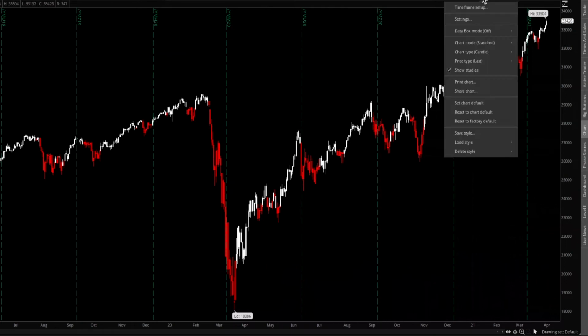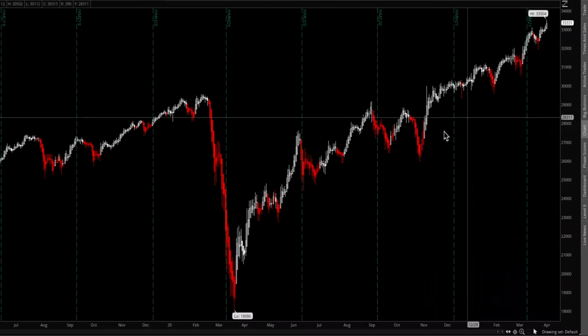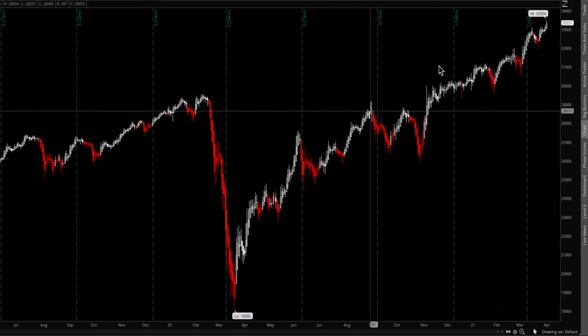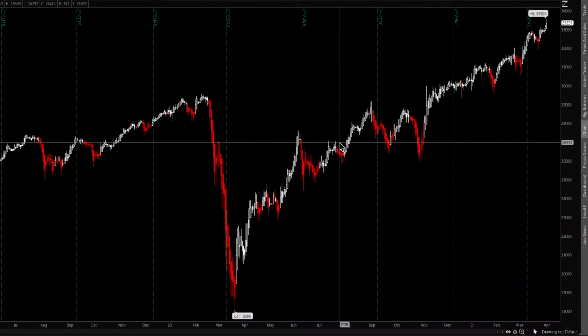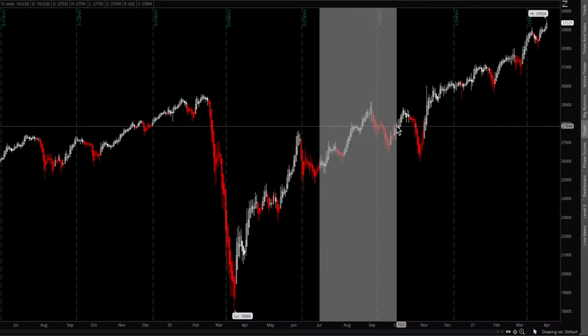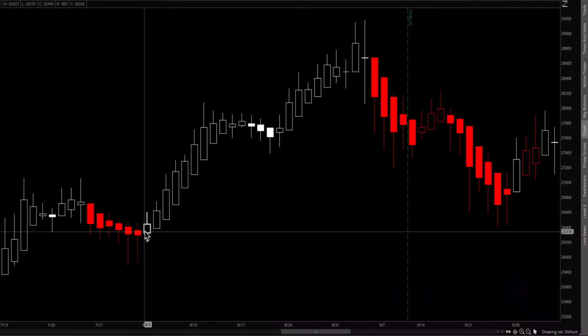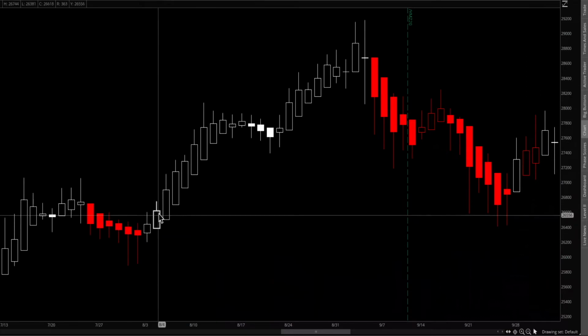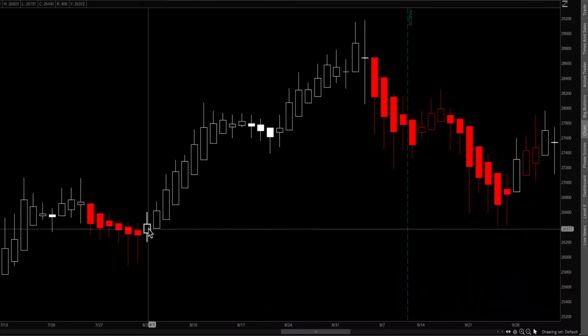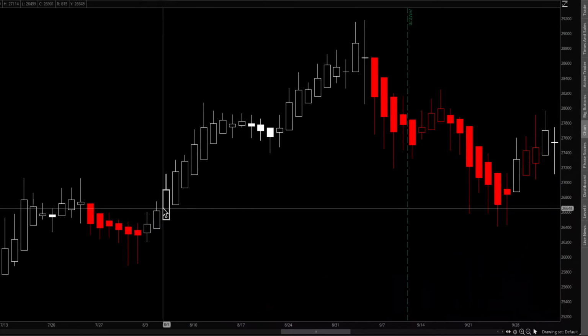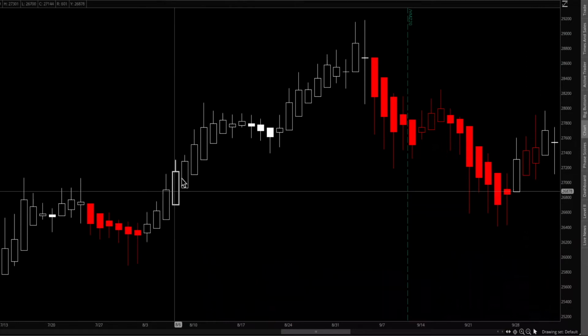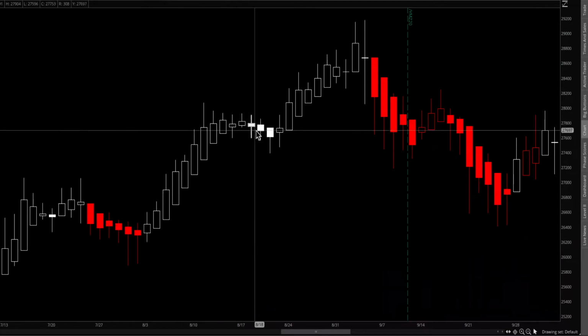Now, once you add the Heikin Ashi, it takes a whole different form. So as you can see right here, let's zoom into this section. Heikin Ashi was already in a buy zone or trending higher. Here it kind of got chopped.